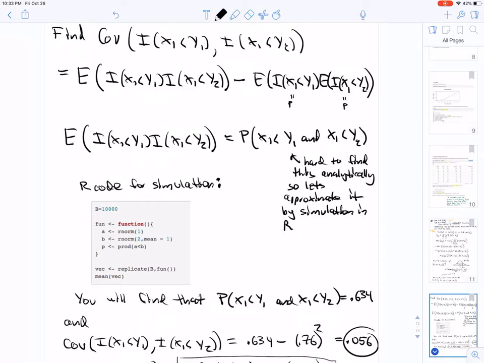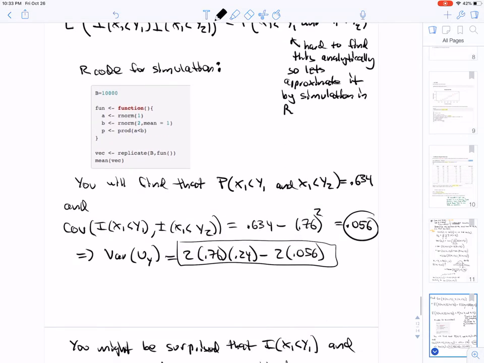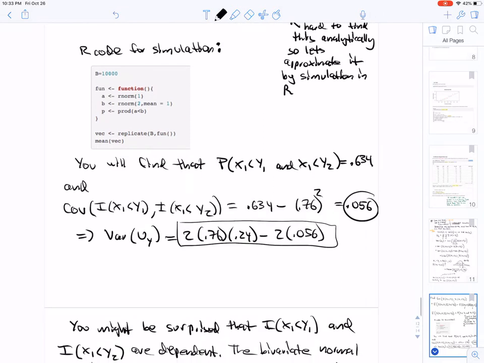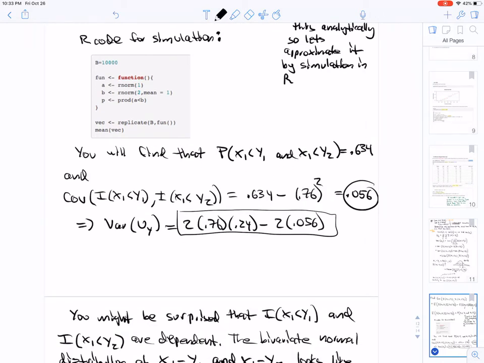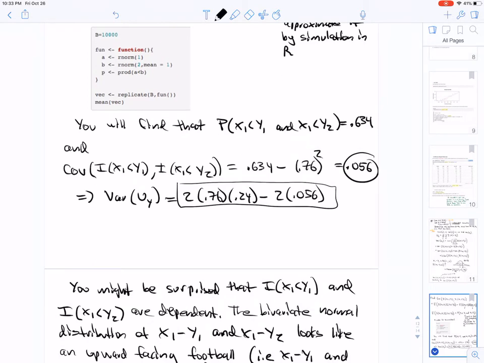I don't know a closed formula way to do this, so I suggest you do an R code simulation, and I just give you the code here. You'll find that the probability that x1 is less than y1 and x1 is less than y2 is 0.634, and the covariance is then 0.056, and so then you can compute the variance of U_y.